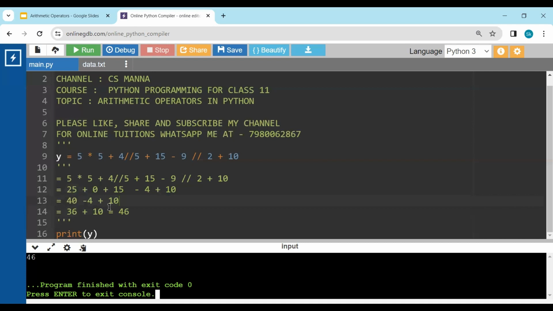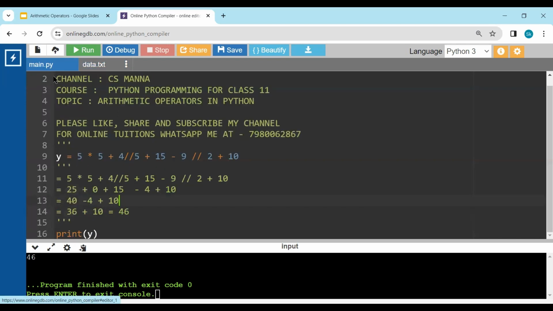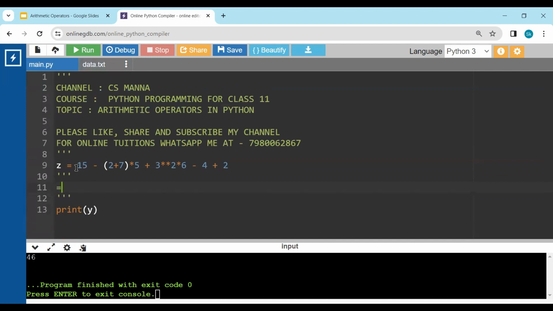Right. Okay. Next is the third one, which is this one. So for the third one, we are writing it here. Now, in the case of the third one, I can see there is a parenthesis or bracket. So we always solve the bracket first. So 15 minus, this is 2 plus 7 is 9.